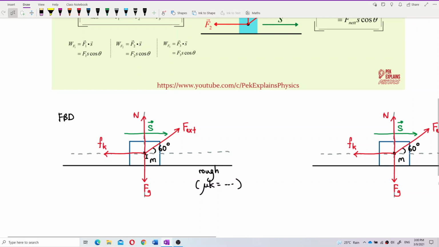It has multiple forces. For example, you have an external force, maybe a pulling force by a human, who pulls this object to the right. The object also has its own weight, the gravitational force.